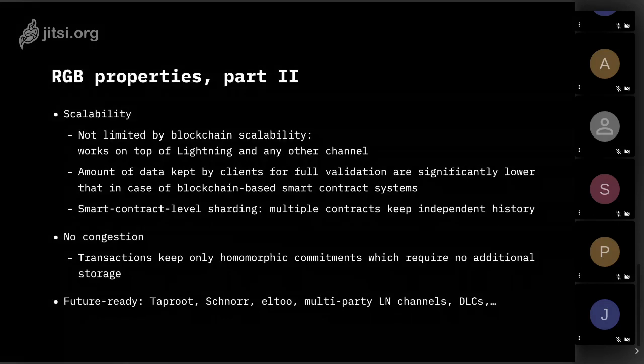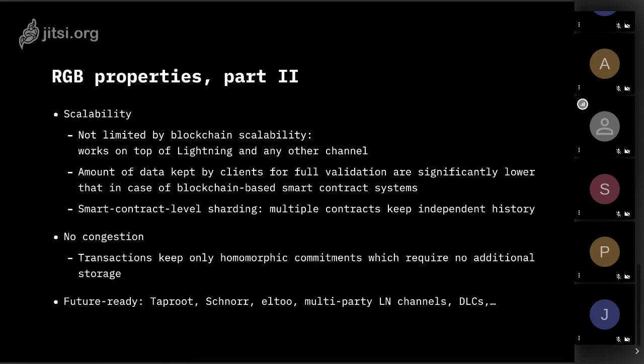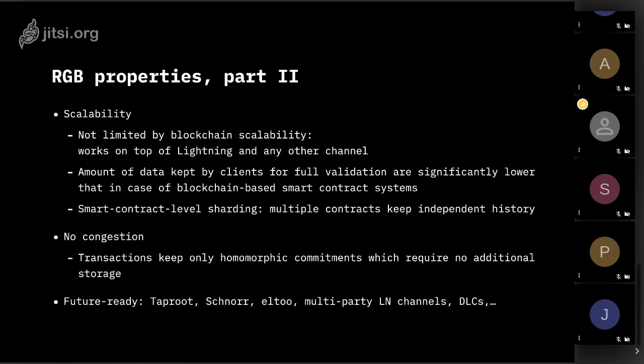The amount of data kept by clients for full validation is significantly lower than in the case of blockchain-based smart contract systems, any of them, because they keep the history of all the smart contracts, even the ones that they don't use, for all the time. Here you can prune the history, you keep the data related to the assets you own at this particular moment, so the size is much smaller.